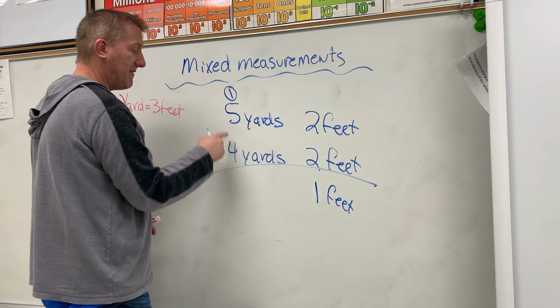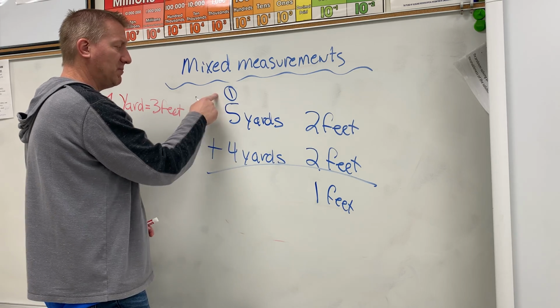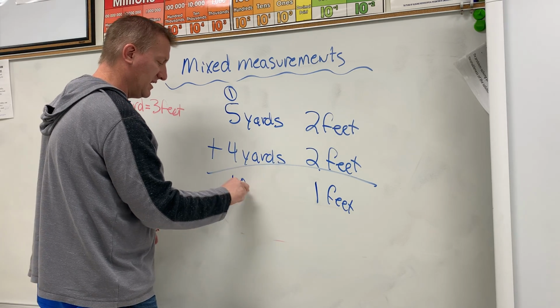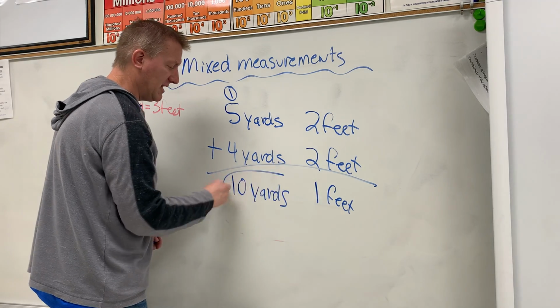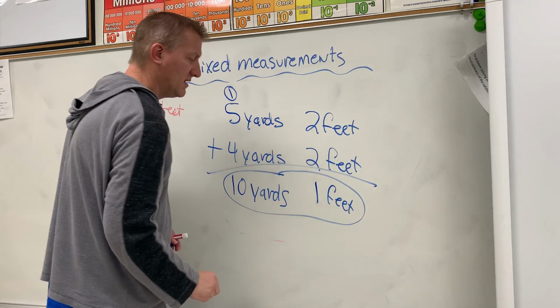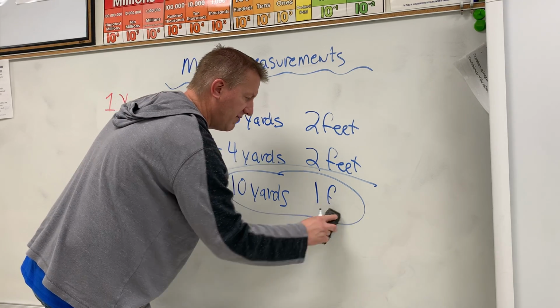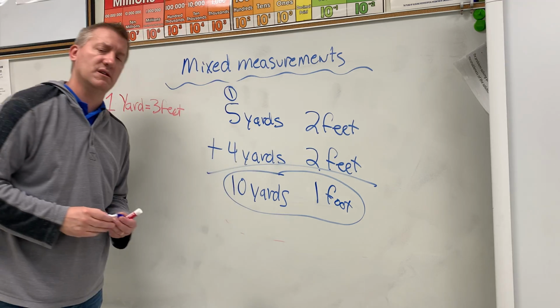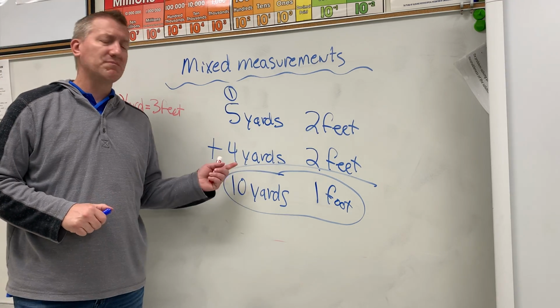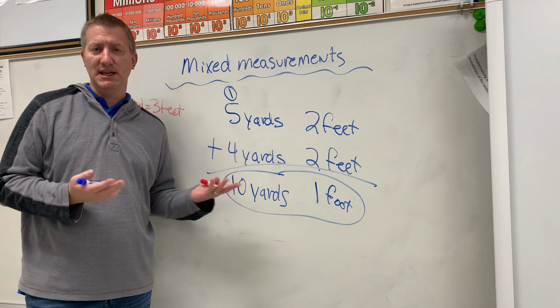Okay, so now I have 5 yards and 4 yards is 9, plus another one is 10 yards. So it'd be 10 yards and 1 foot. Oop, and 1 foot, not 1 feet.